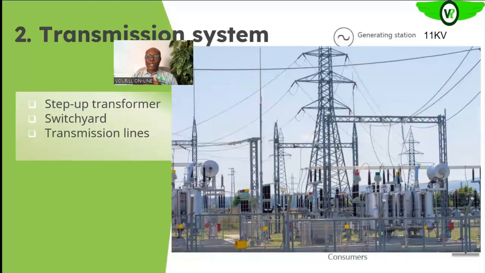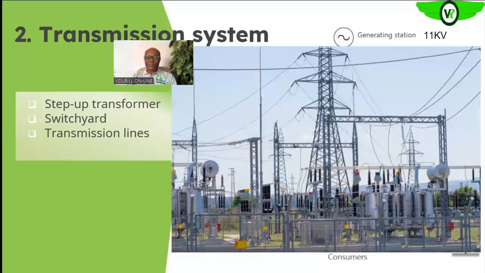Then we have the switch yard immediately after the transmission transformers. That switch yard is where we have the circuit breakers and all other protective devices that are meant for switching the power onto the transmission lines.